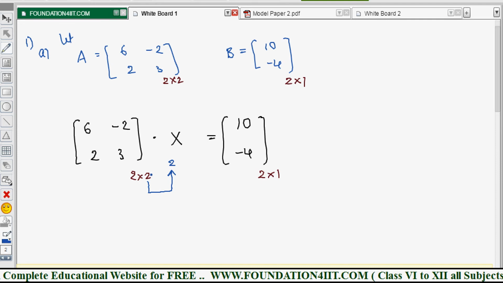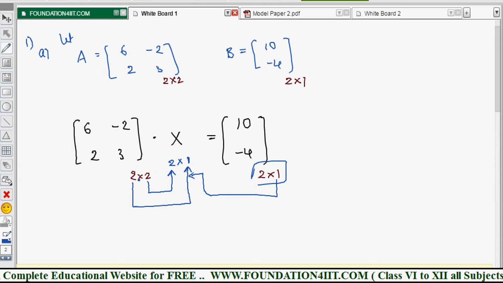And the remaining part is the result. The resultant is 2 by 1, so the number of columns of X should be 1. That means 2 rows, 1 column. X is a 2 by 1 matrix only.